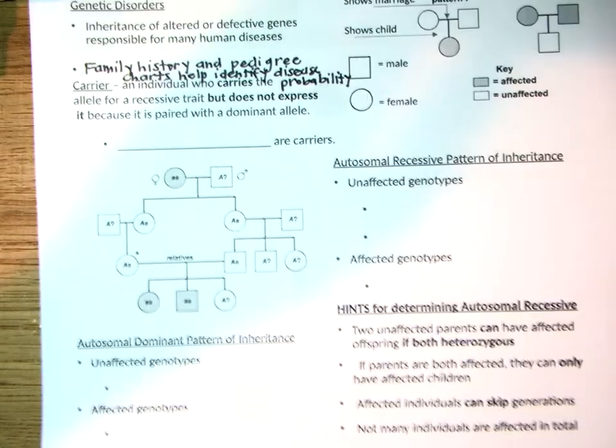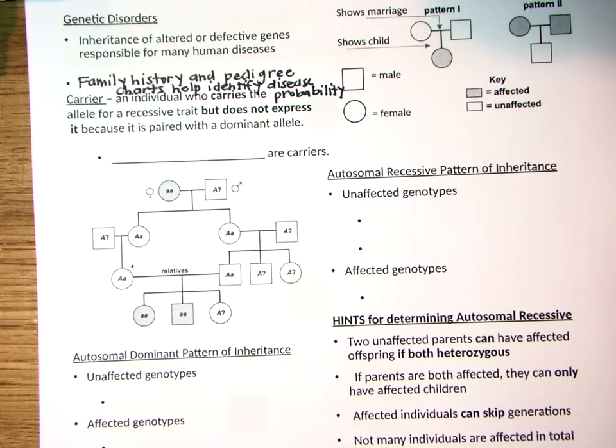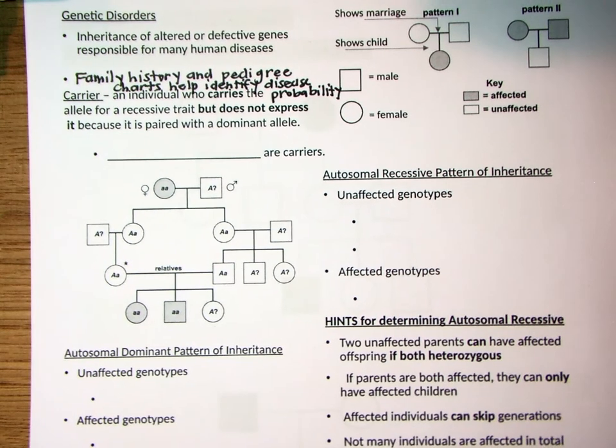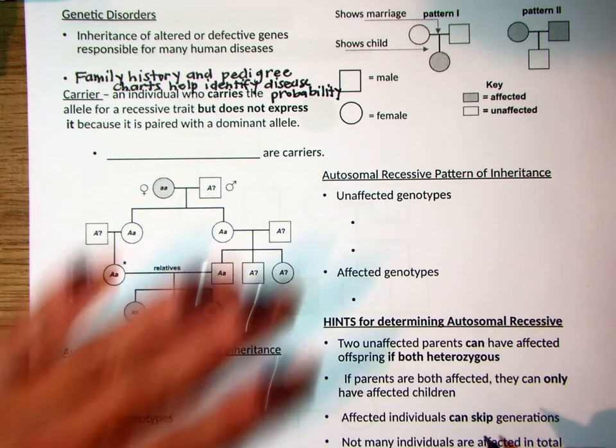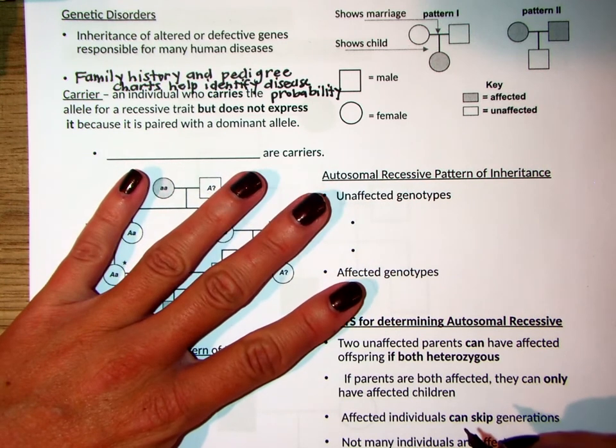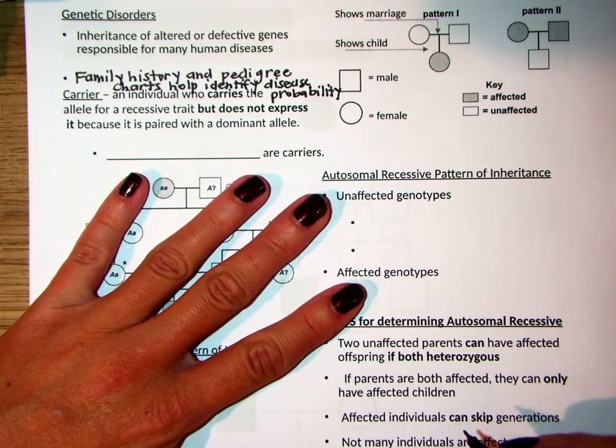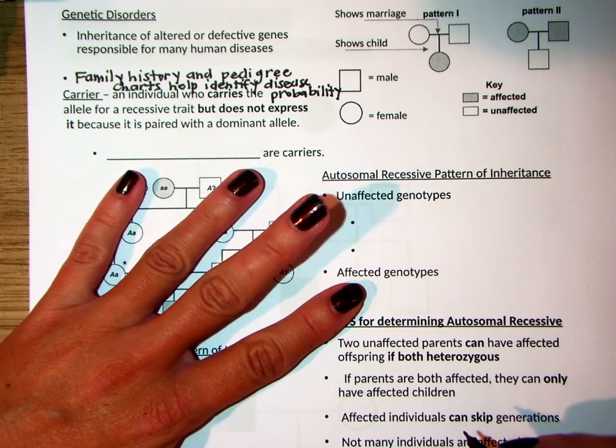Alright, so what a carrier is, we're going to use the word carrier a lot today. It's an individual who carries the allele for a recessive trait but does not express it because it is paired with a dominant allele. Out of the three types of genotypes we've learned, homozygous dominant, homozygous recessive, and heterozygous, which of those would be carriers?